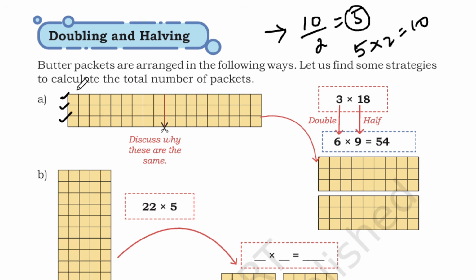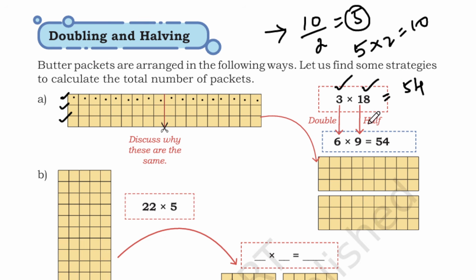And how many columns? 1, 2, 3, 4, 5, 6, 7, 8, 9, 10, 11, 12, 13, 14, 15, 16, 17, 18. So totally we have 18 columns, so that's why they have put 3 into 18. So 3 into 18 is 54.